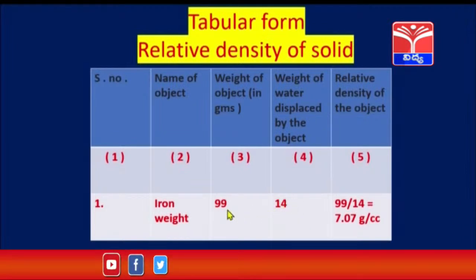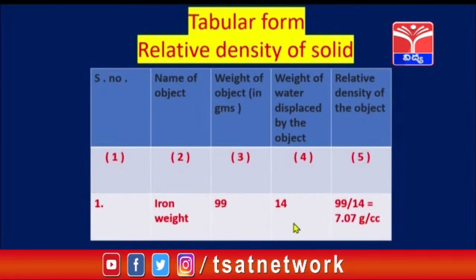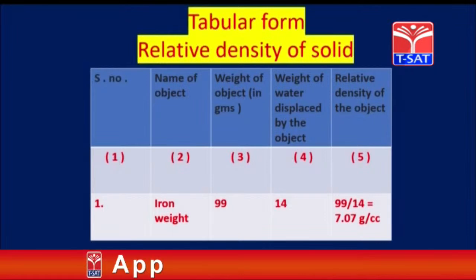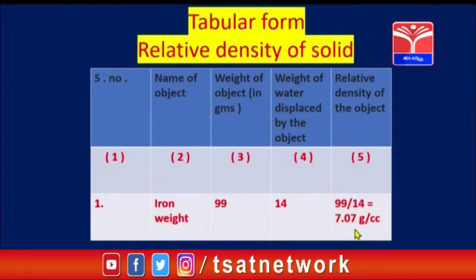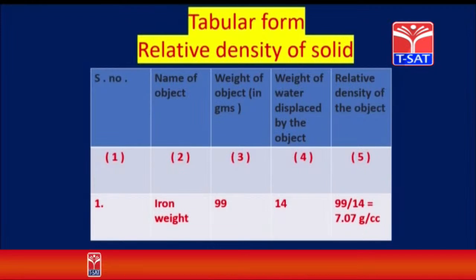So 99 by 14 will be 7.07. Density means 7.07 gram per centimeter cube, but relative density has no units. So relative density is 7.07. Understood, children? With that lab activity, we found the relative density of that iron weight is 7.07.